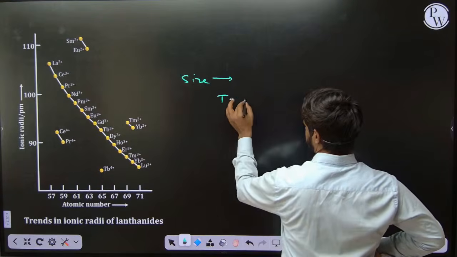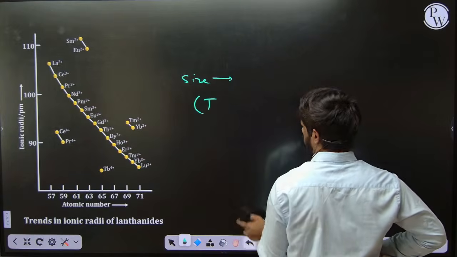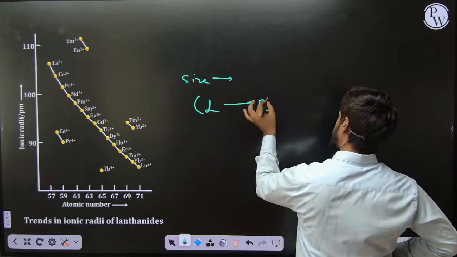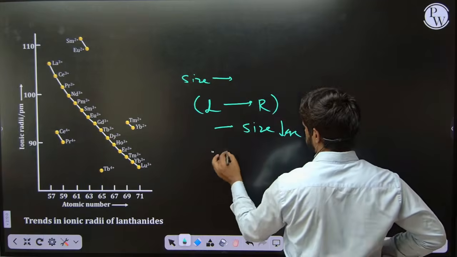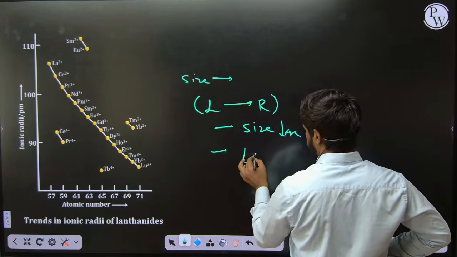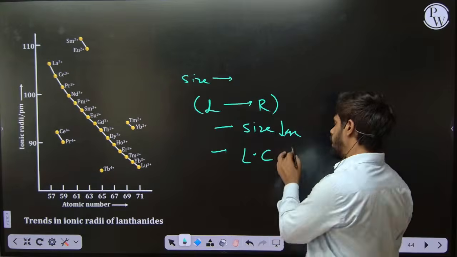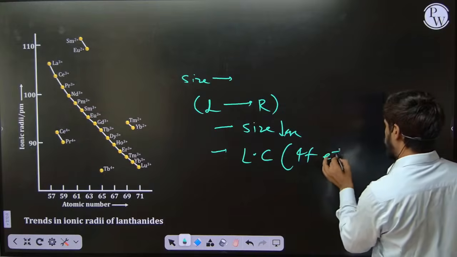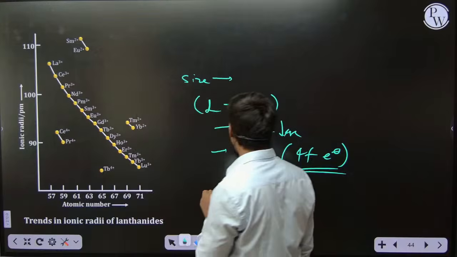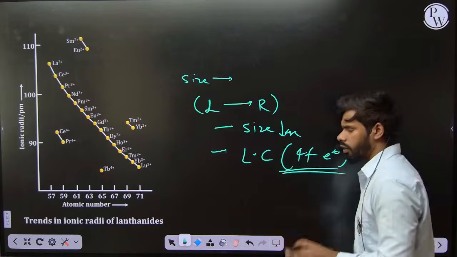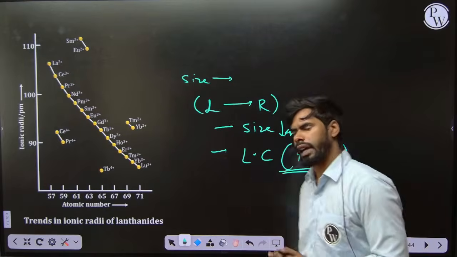Across the period, as we move from left to right, the size decreases. The reason is the lanthanide contraction, because of the 4f electrons. In case of ionic and atomic size, it is a regular variation, there is no exception. As we move left to right, the size decreases.